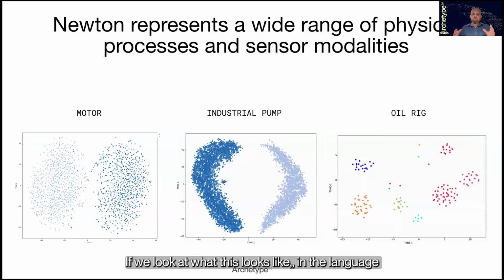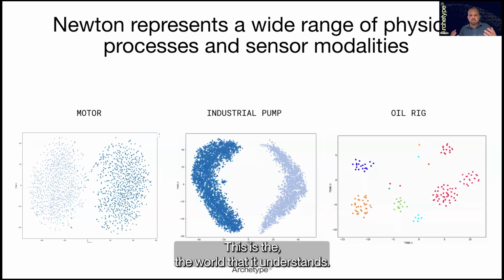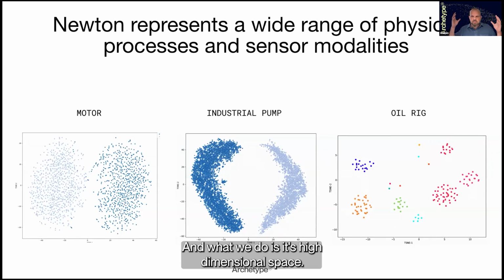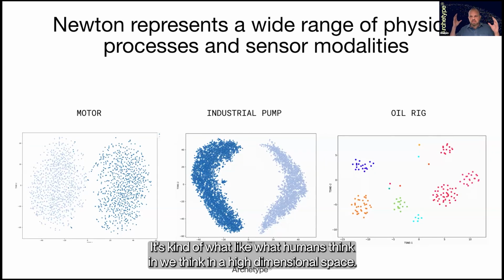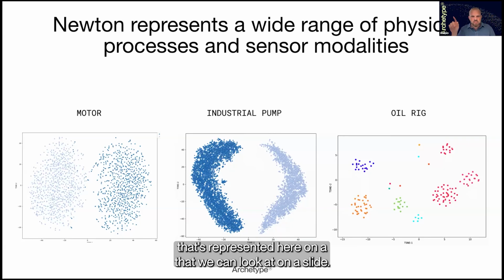If we look at what this looks like, in the language of our model, these are our plots of what we call our embedding space. This is the world that it understands. So we take raw physical data, it gets encoded into this embedding space, this high dimensional space. It's kind of what humans think in. We think in a high dimensional space. We can't really see high dimensional spaces, so we flatten this into something that we can look at on a slide.